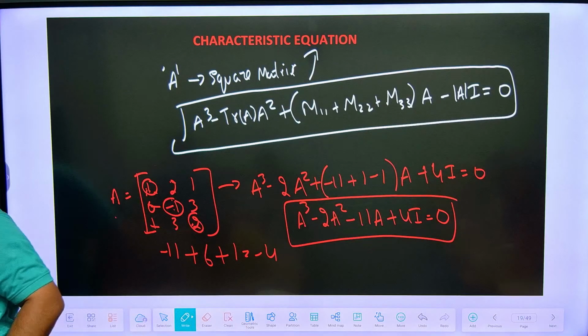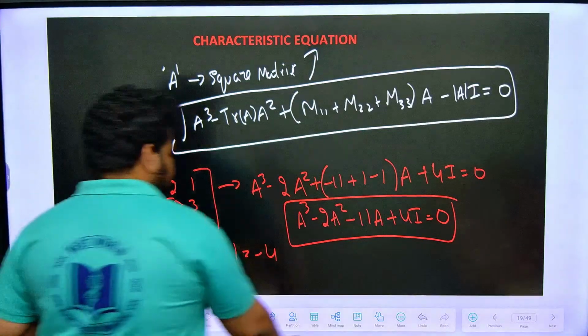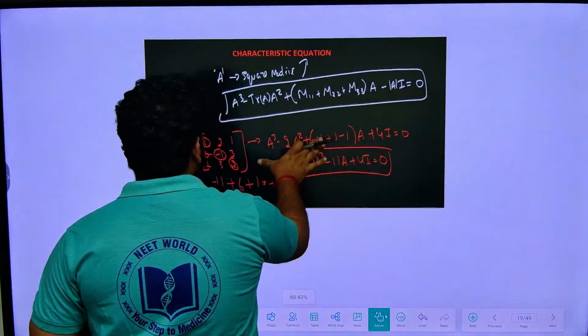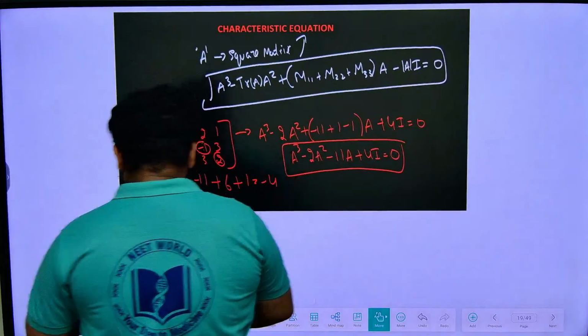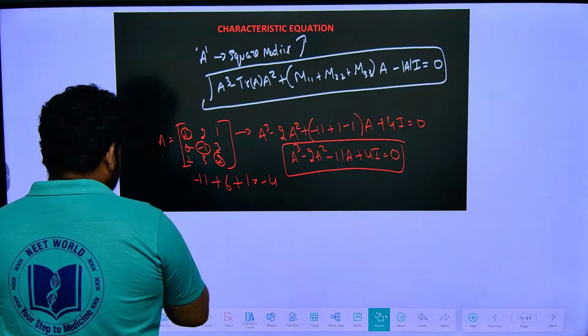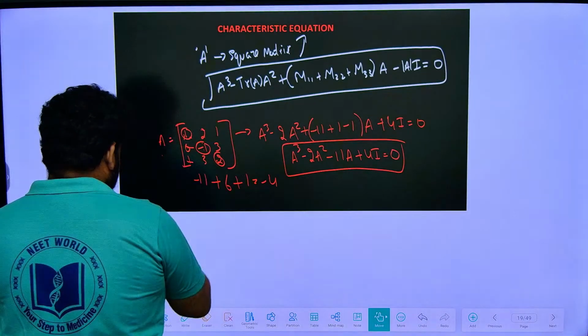Now how will the questions come from this? If you take this up, they have given this matrix that you consider. This itself is a matrix.